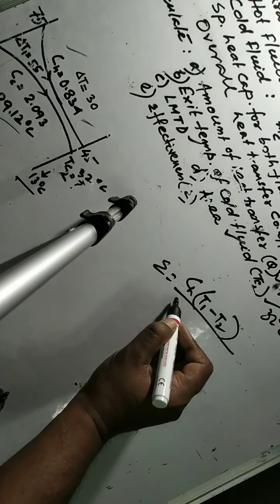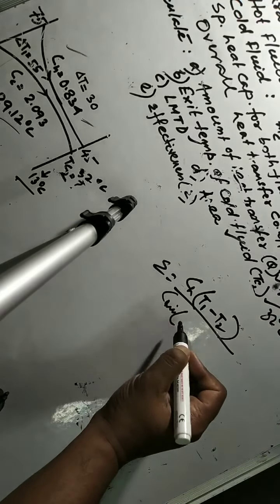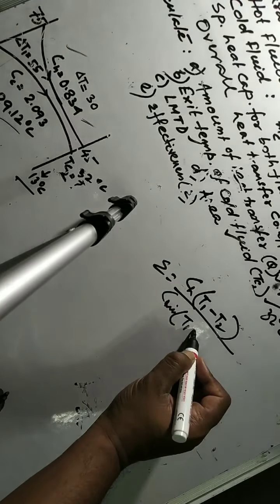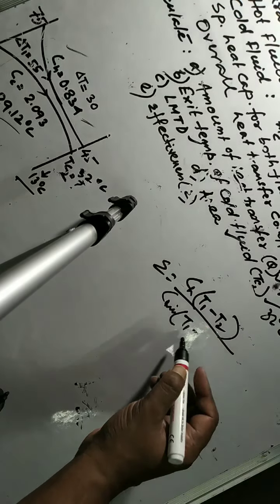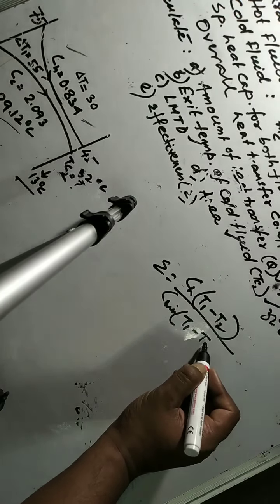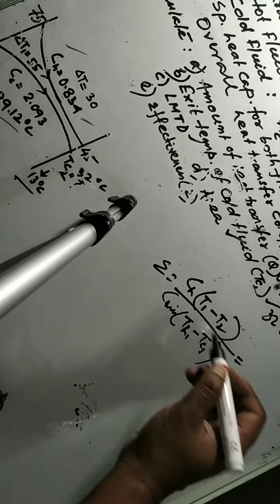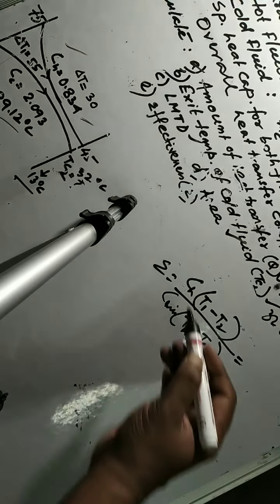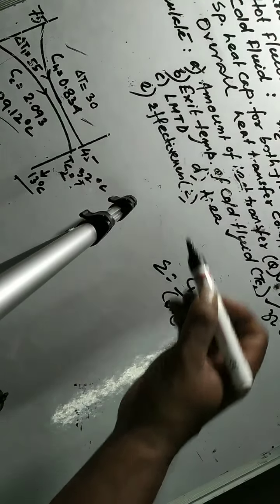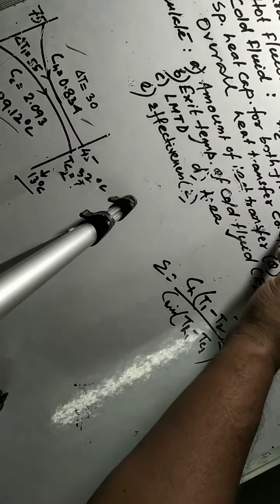For the maximum, it is C_min into (T1 minus TC1), so highest minus lowest, that will be the maximum heat loss. So you can say what is C_H. C is the heat capacity of the hot fluid, that is mass flow into specific heat capacity.